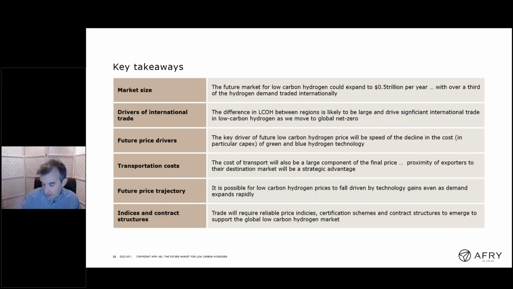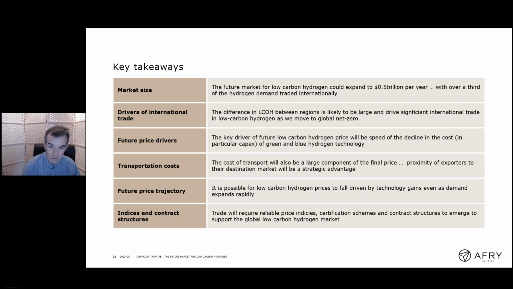So, just to say again, I think we're very excited about the model. In our view, we haven't seen anything like this. We've seen point-to-point calculations of different supply curves of possible import costs for different countries, but we haven't seen a model that does a full global optimization and looks at the competitive landscape and tries to find what might be the optimal pattern of trade flows and prices in the future.